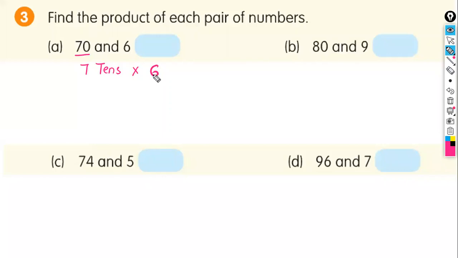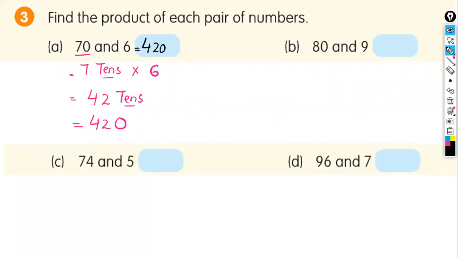So 6 times 7 is equal to 42. And the tens will be written as it is. So it is 42 tens. In the place of this tens, I will put a 0. So it will become 420. So my answer here will be 420. This is the product of 70 and 6.